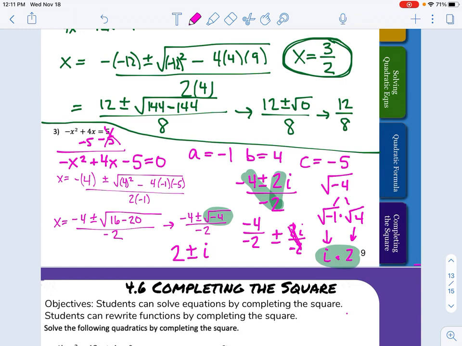Notice this does become negative i, but they are covered both in this plus or minus, so we don't have to say plus or minus negative i. So x equals 2 plus i and x equals 2 minus i is our solutions for this problem. So there are two imaginary solutions and no real solutions.